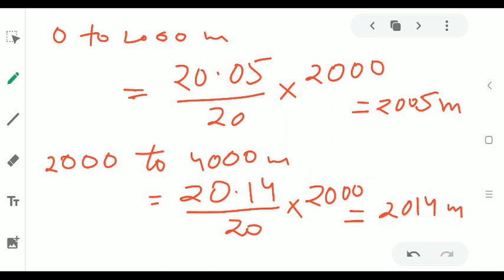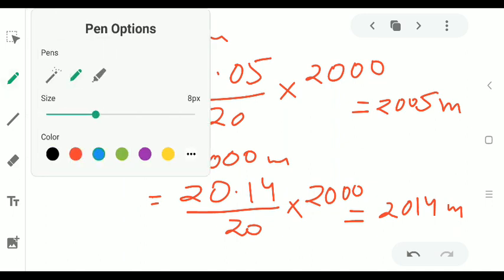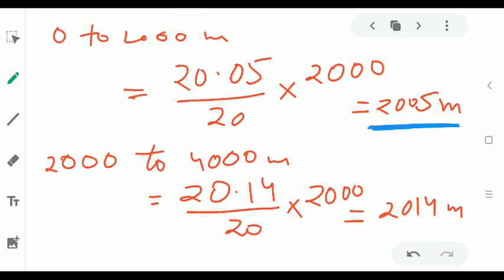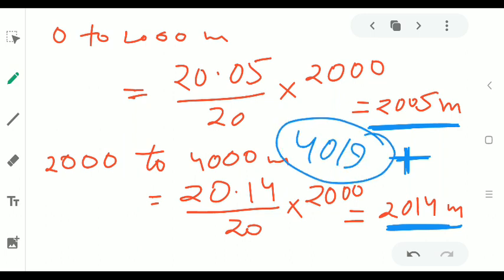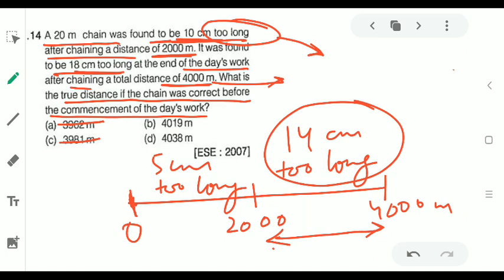So these two are the actual distances which are actually there on the ground. So the actual distance on the ground will be 2005 plus 2014. So that will give us the value as 4019 meter. Now looking at the options, that means the correct option for question number 14 will be option B.